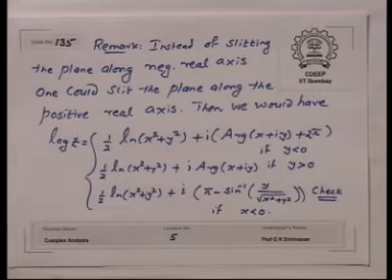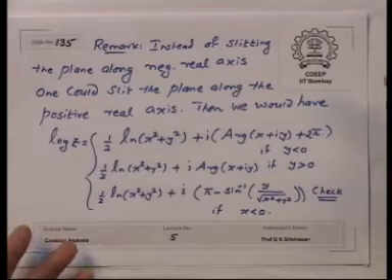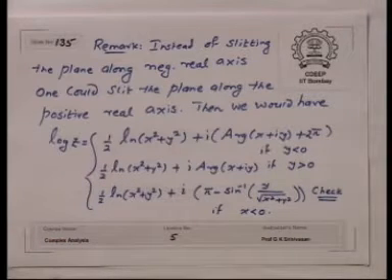Sometimes you might have to do that, and again check the analyticity of the function. You don't have to write this down. The problem is clear. Cut the positive real axis and work out the harmonic conjugate.